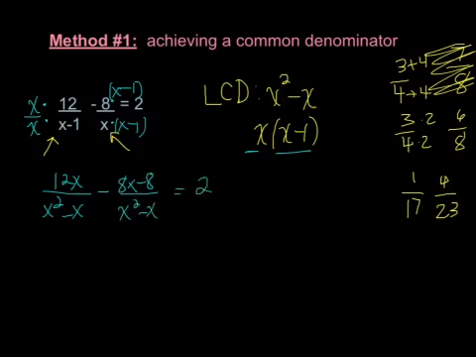Now it is equal to the constant 2. We'll worry about that in a second. For now, let's think about why we just did what we did. We got a common denominator, so we could hopefully combine these fractions, giving us 4x plus 8. Subtracting a negative is adding, over the common denominator. And yes, now we're equal to 2.